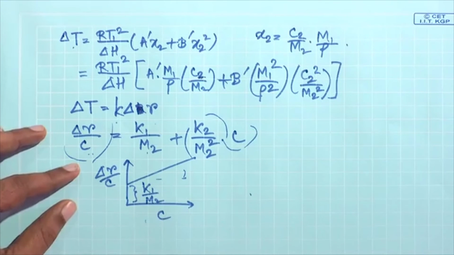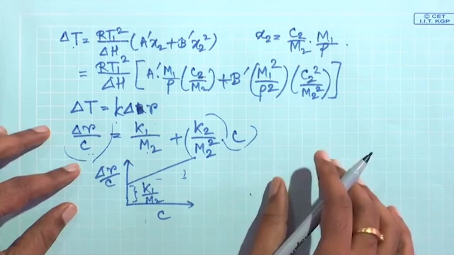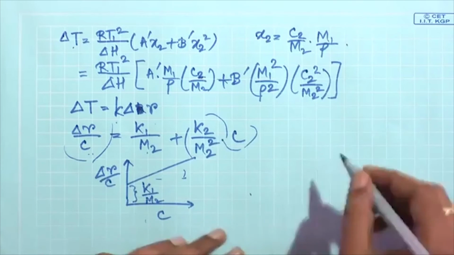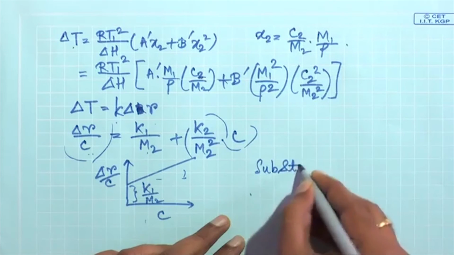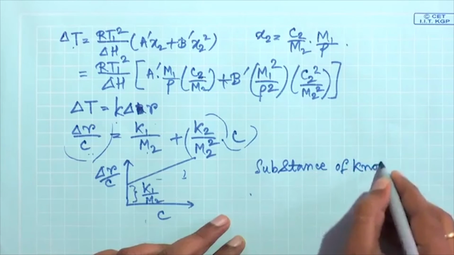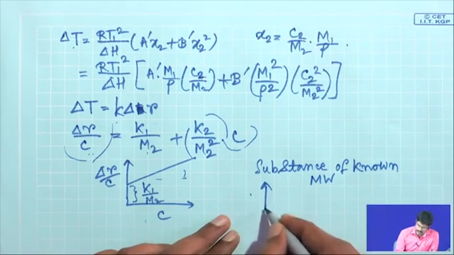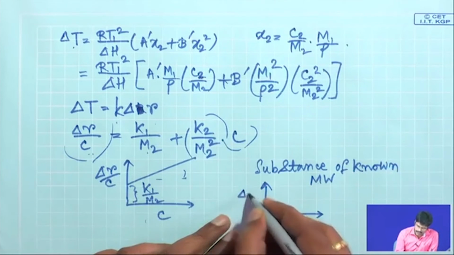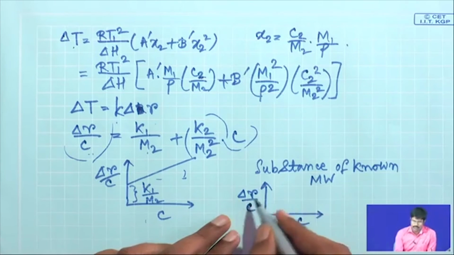So, what you should do here is you use a substance of known molecular weight to construct a calibration curve. So, what do you do? You take a substance of known molecular weight, change the concentration of that substance in the solvent and plot delta r divided by C versus C. Delta r you know from the Wheatstone bridge principle.